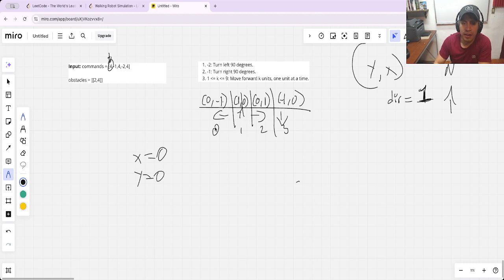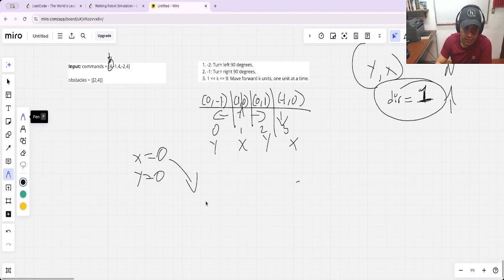Oh, got it. Let me remember. The odd numbers are x and the even numbers are y. If we are in this direction, the index that should be moved is this one, and when it's 1 it is increased, when it's 3 it is decreased.